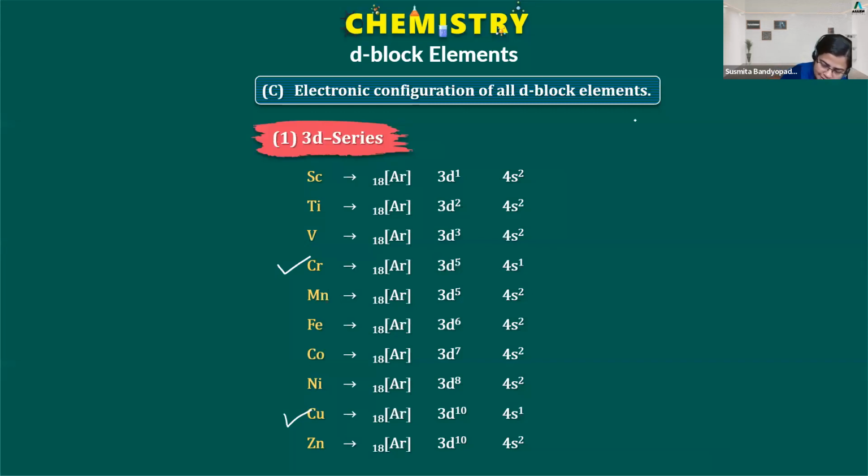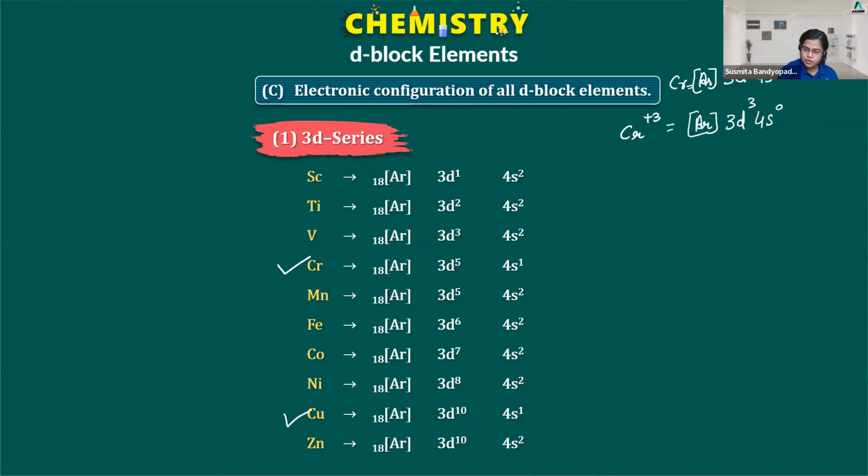Now, let's discuss. Chromium is more stable in the +3 oxidation state. The reason, let me write its configuration: chromium, argon 3d5 4s1. Chromium 3+ is 3d3.